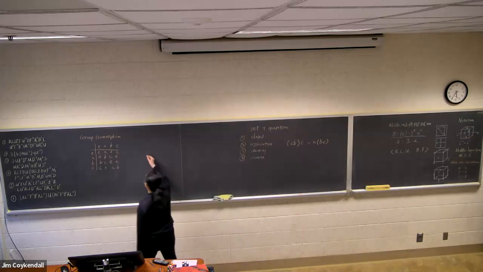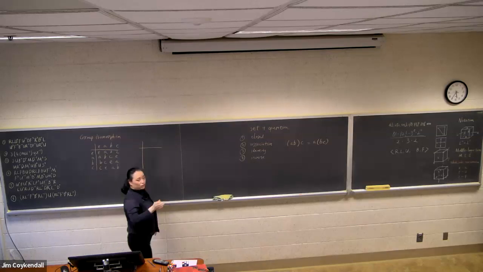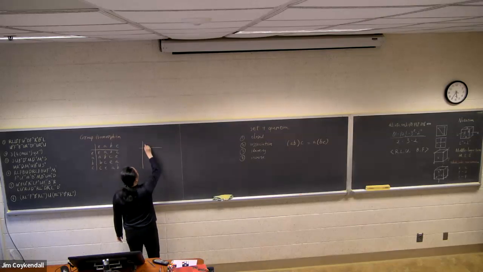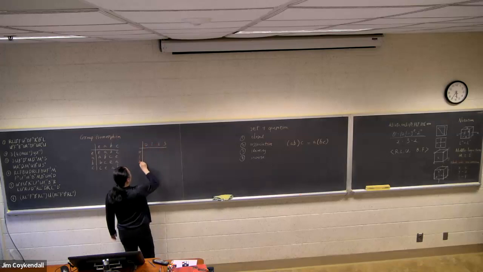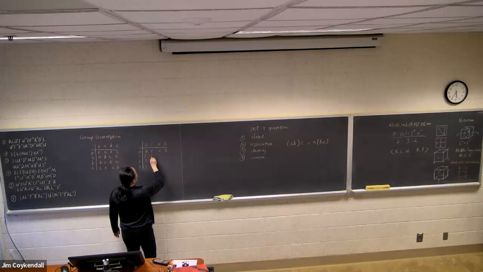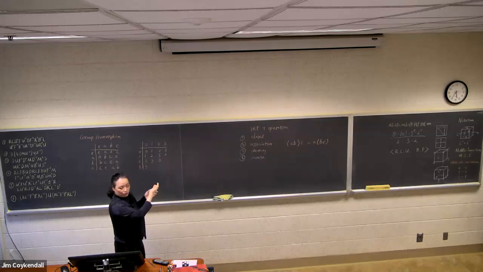Here we have another group. If we do addition mod 4, 0, 1, 2, 3, 0, 1, 2, 3. 0 is the identity. Copy. 1 plus 2 is 3, 1 plus 3 is 4, but mod 4 is 0. 2 plus 3 is 5, which equals 1 mod 4.